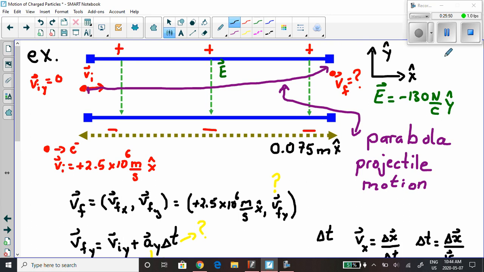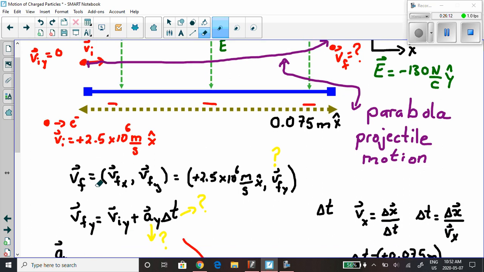But now it's electric. We know also that the initial velocity is positive 2.5 times 10 to the 6 meters per second, all x hat. And we want to find the final velocity. So let's continue.